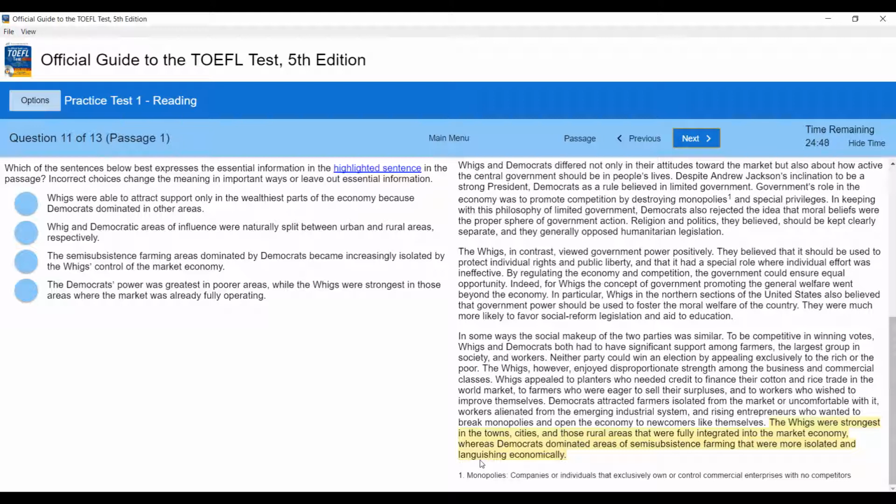So languishing is that they're having problems, economic problems. So basically Whigs in towns and cities that were part of the economy, and Democrats where it was basically kind of poor farming and isolated. Okay, so that would be this contrast with a whereas as well.